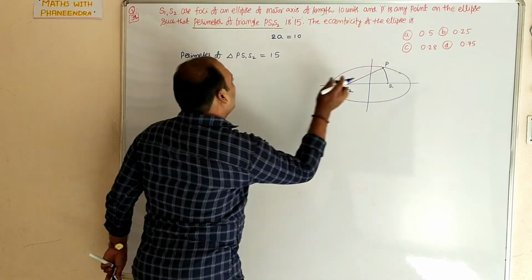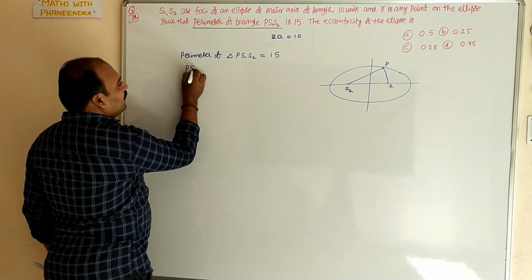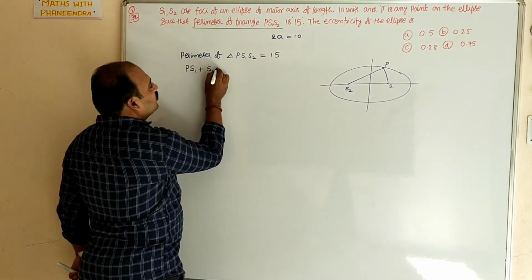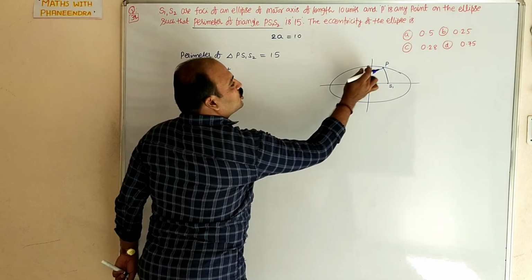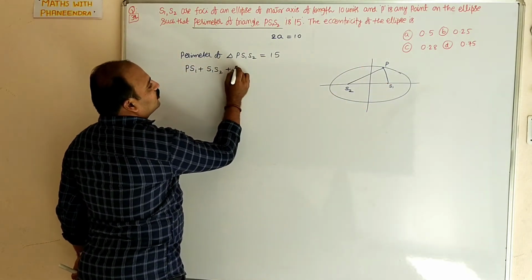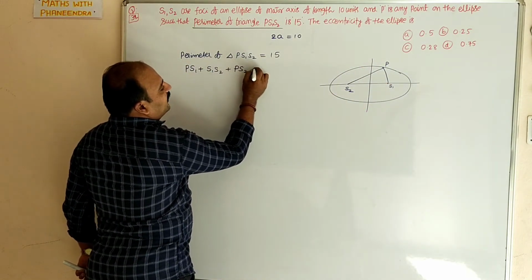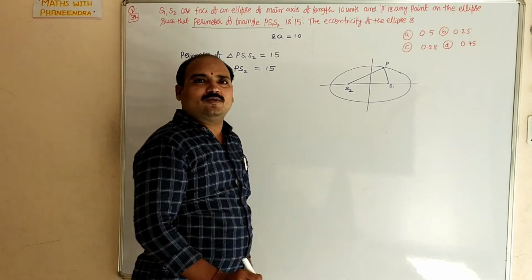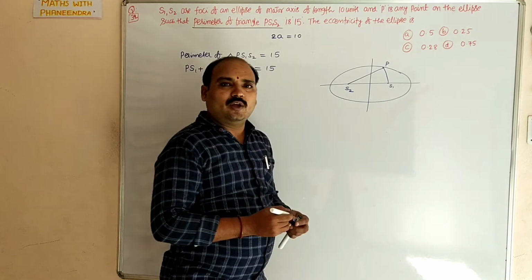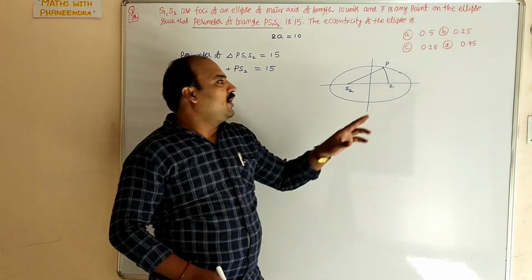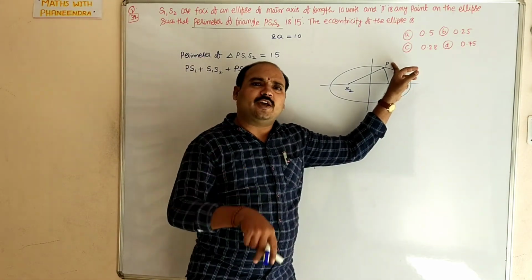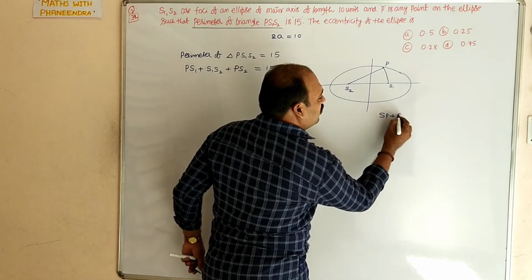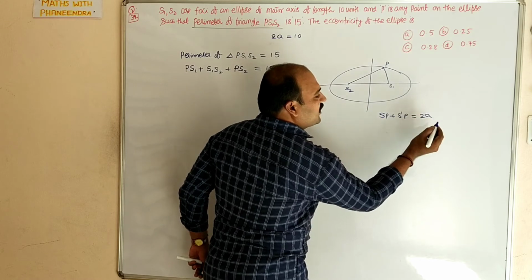So according to the figure, PS1 plus S1S2 plus S2P or PS2 is equal to 15. But we know one important property of the ellipse: if P is any point on the ellipse, then SP plus S dash P is equal to 2a, the length of the major axis.